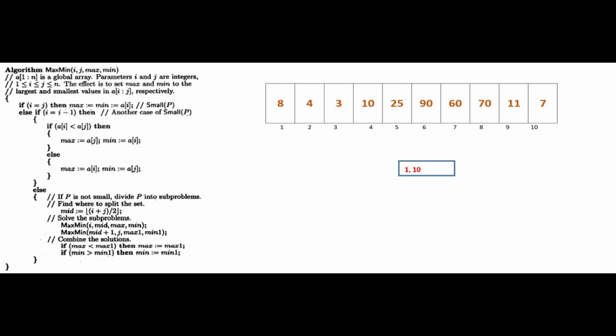Mid is equal to (i plus j) by 2, and that is an integer division. Mid is equal to (i plus j) by 2, that means (1 plus 10) by 2, 11 by 2. Division is integer, so we will get mid is equal to 5.